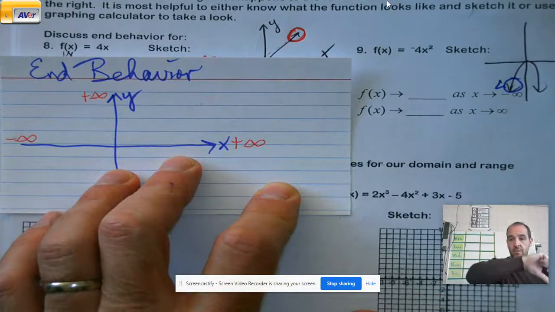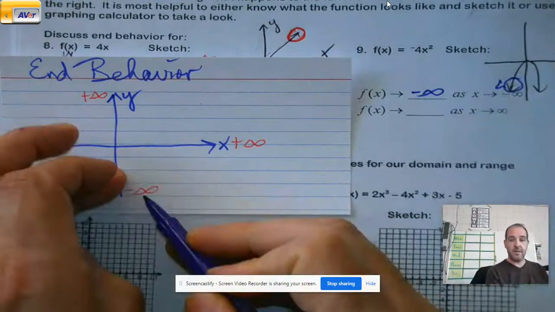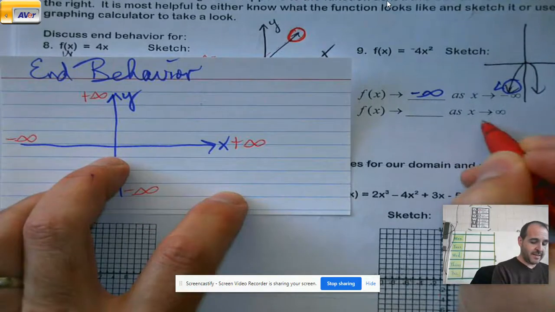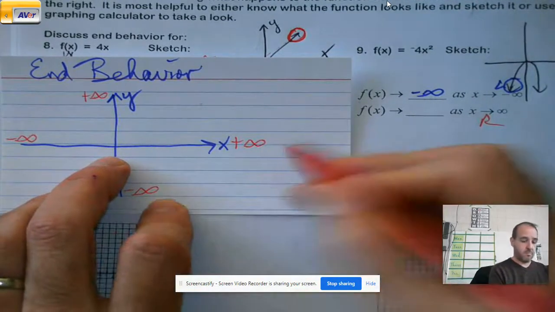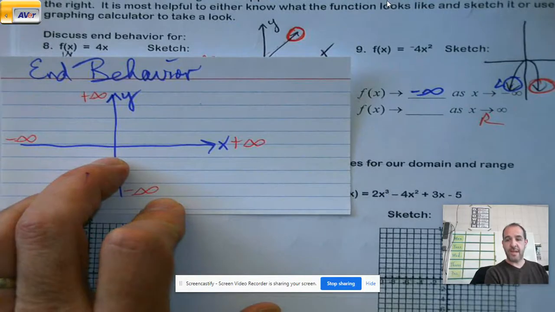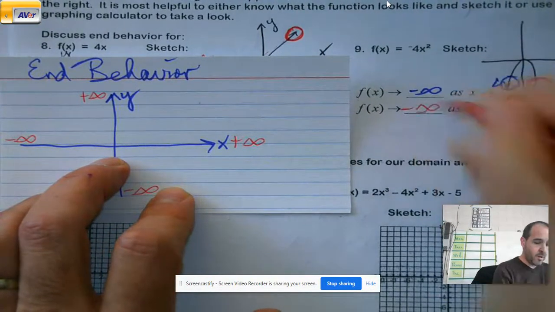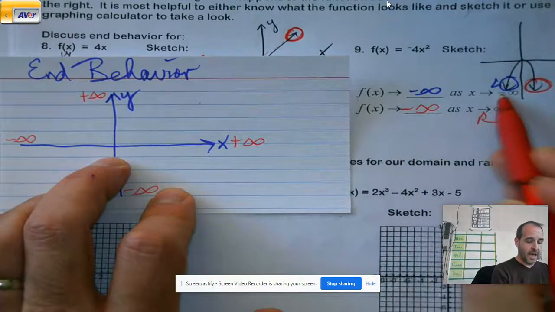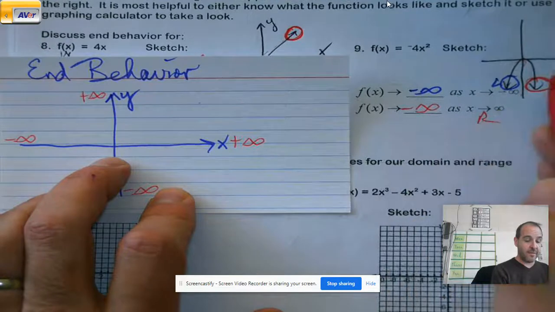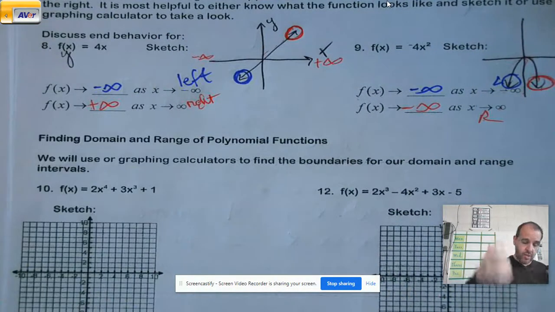You know it, up or down? Down to negative infinity. As x goes to positive infinity, as x goes to the right, find the right arrow. What direction is it going? Down. Y goes down as x goes right. Yep. It's just the lingo. That's why we have the card until we get used to it.